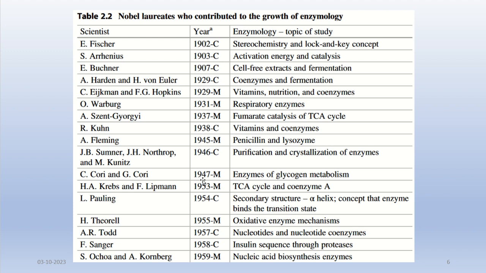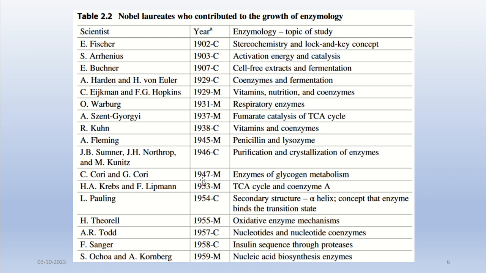Now, Sir Frederick Hopkins is the father of biochemistry. In 1929, remember this year, he was a Nobel laureate for three things: vitamins, nutrition, and also his contribution to coenzymes.